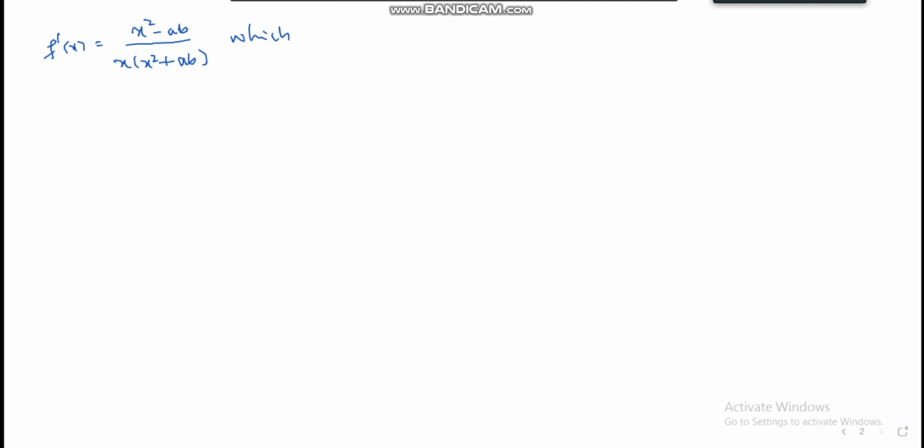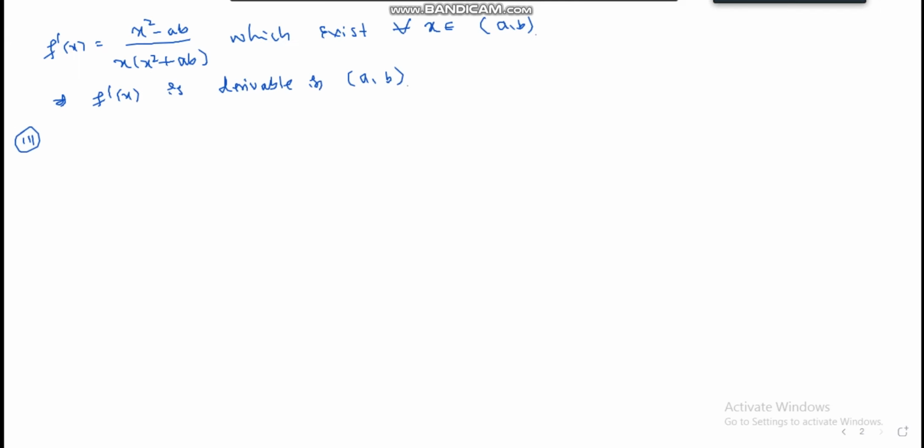So f dash of x exists for all x belongs to the open interval a comma b. This implies f dash of x is derivable in the open interval a comma b. Again the second condition is obeyed. Then next we go for the third condition.